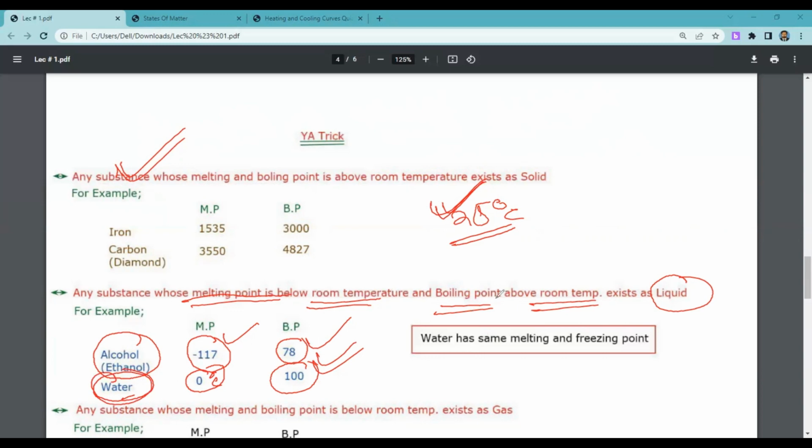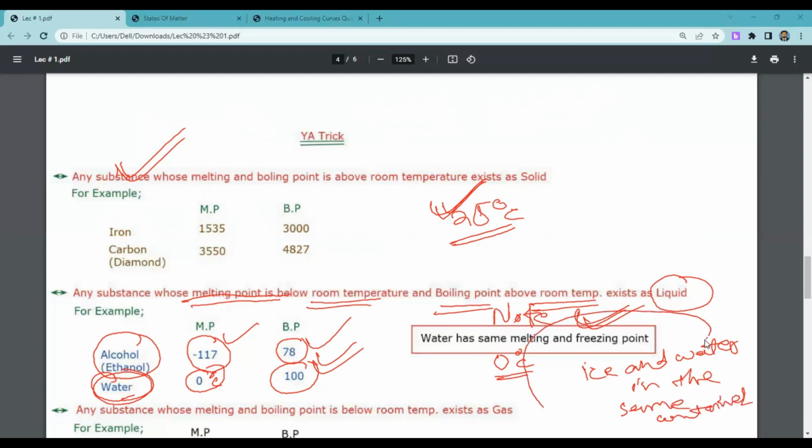One additional piece of information I will provide you. Water has the same freezing and melting point, that is 0 degrees centigrade. That's why you can find ice and water in the same container.